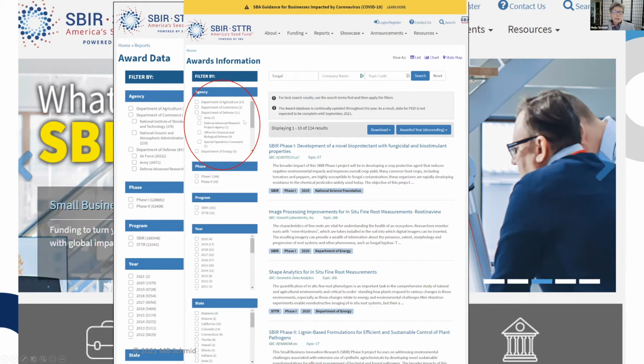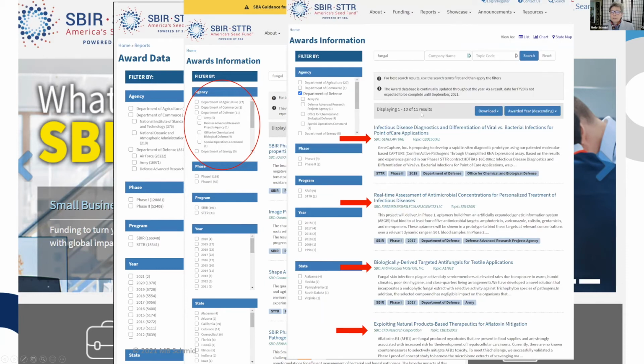But if we go over here and search for defense and for health, we'll find 11 results. And all of a sudden, there may be, whether it's diagnostics or treatments, you can find companies that have received SBIR awards that are your competitors potentially, or also potential partners.